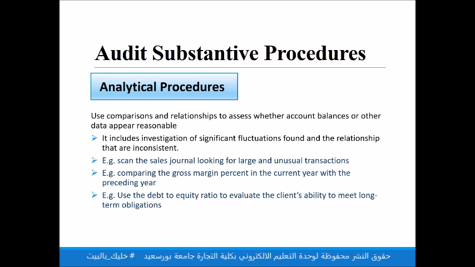And if he has doubt regarding this issue, he needs to add an explanatory paragraph after the opinion paragraph explaining this issue. So, the analytical procedures are used extensively in practice, especially after the increased availability of computers that perform calculations and analysis.